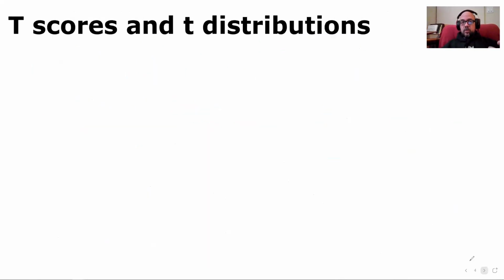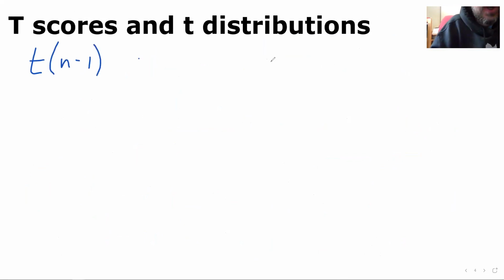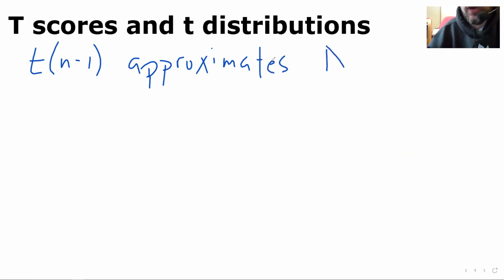So t-scores. Remember, t distributions mimic N(0,1) specifically, right? So t with n-1 degrees of freedom approximates N(0,1).